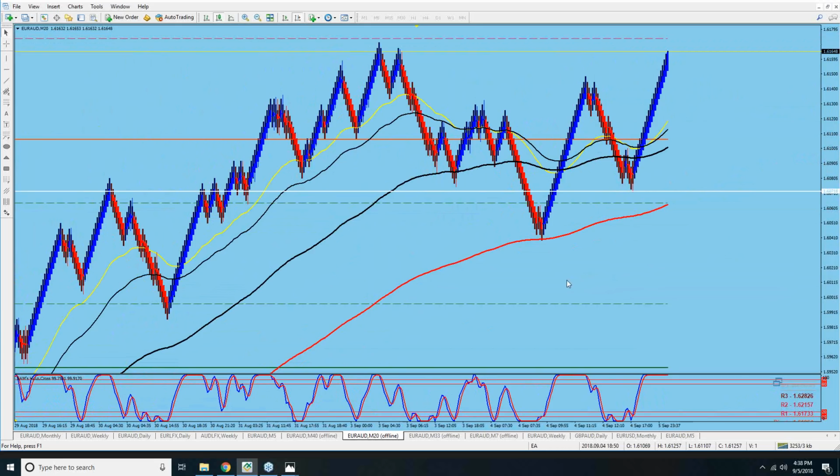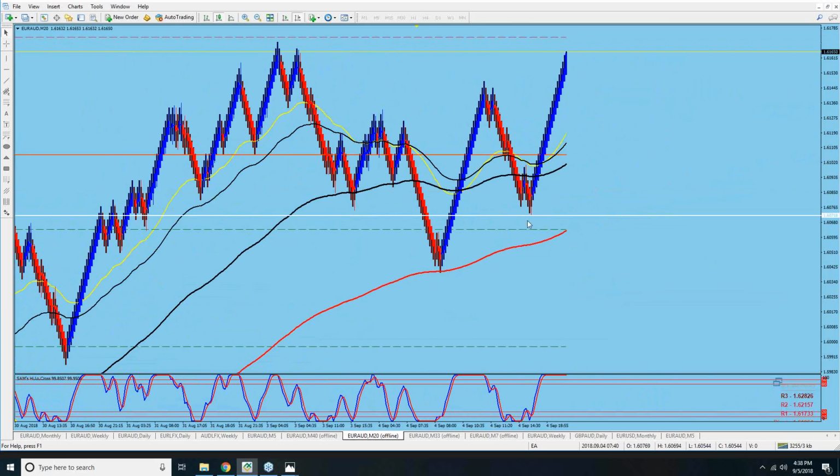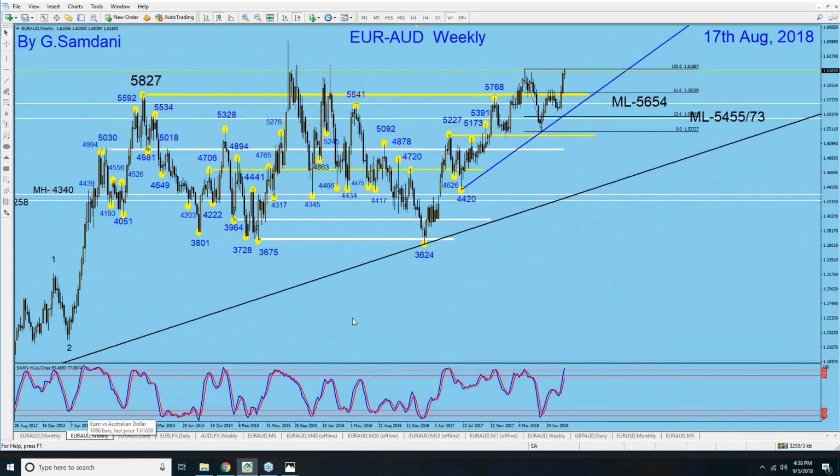Anyway, for example, this Aussie right now, a little while ago, what is this number? 6071. Is this the high? Where is 6071? Can anybody find 6071?